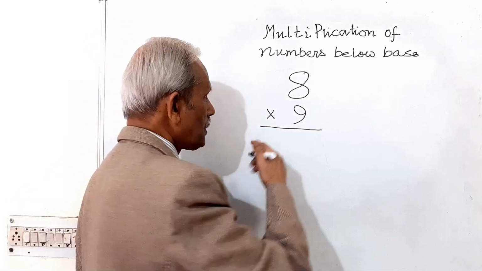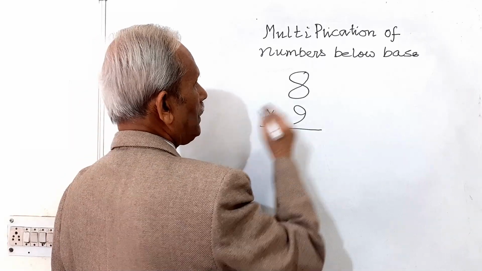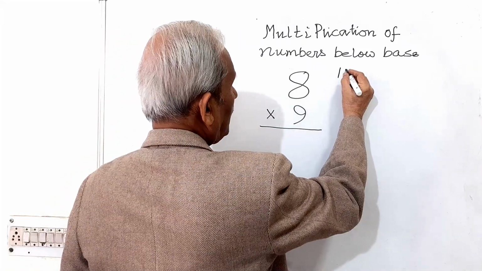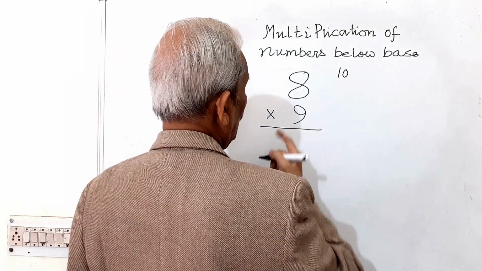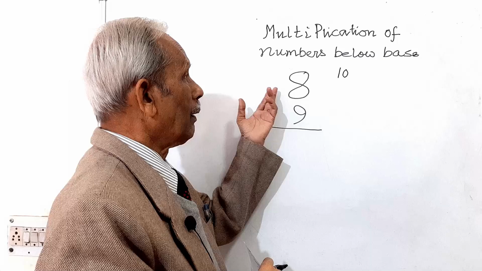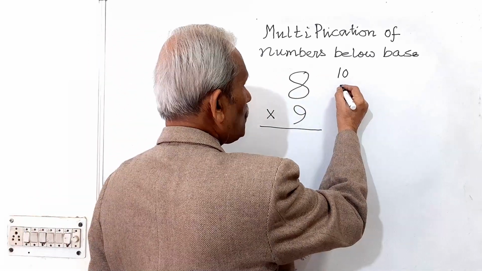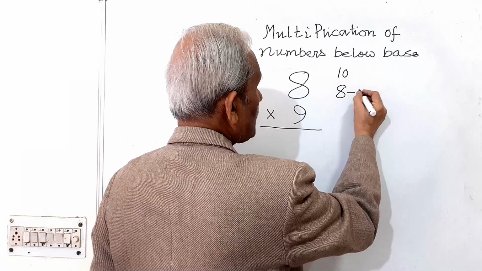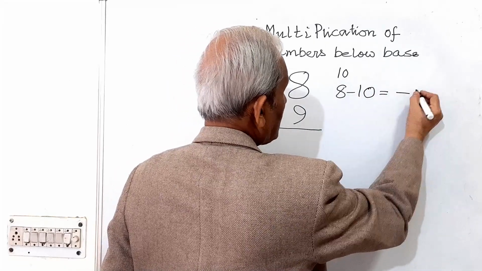So what is the process? Let us try to multiply this thing. Just follow me. Here the base is 10. Now the first thing is, we have to find out the difference between the number and the common base. And for doing that, we should write 8 minus 10. And 8 minus 10 is equal to what? Minus 2.